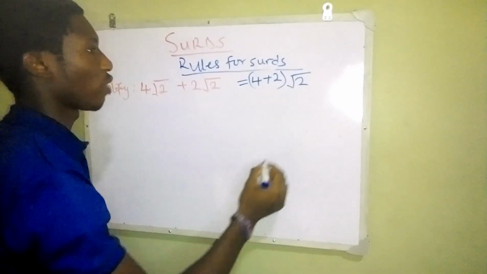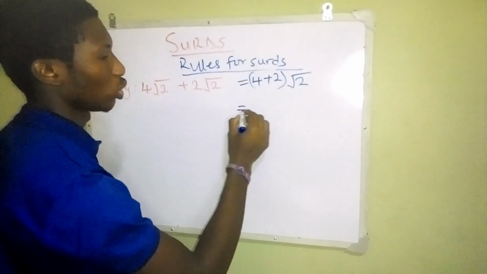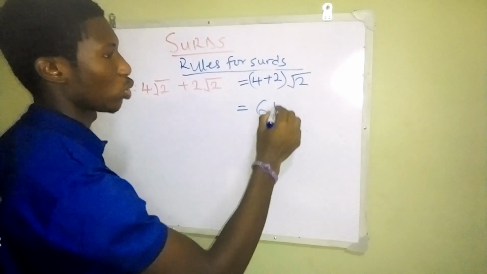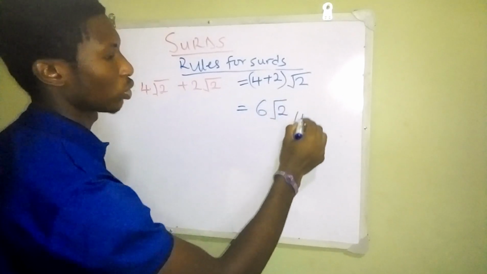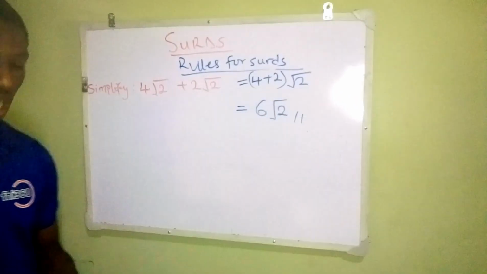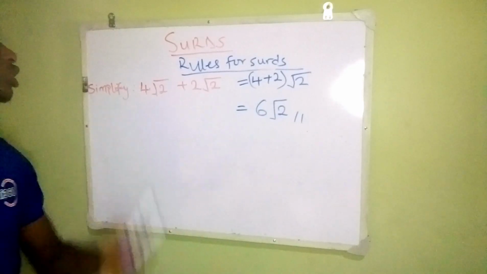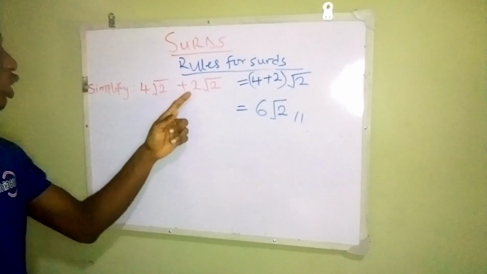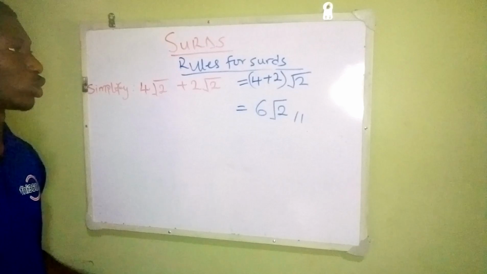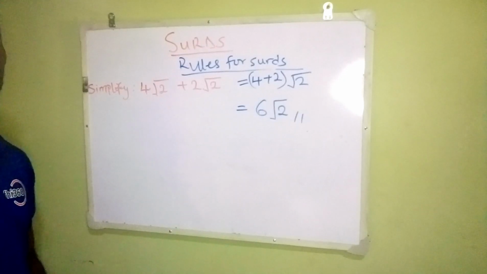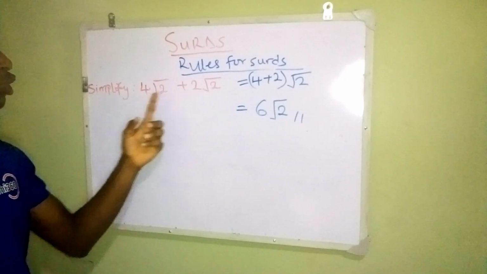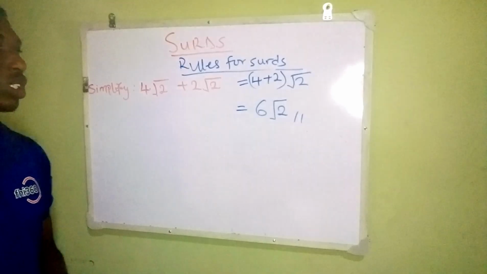And therefore, my final answer will be 6 square root of 2. And this will be my final answer. You can use the same process: change the plus sign to minus, and you will see that the same rule applies. You just have to subtract these two terms and carry one of it and bring it down.